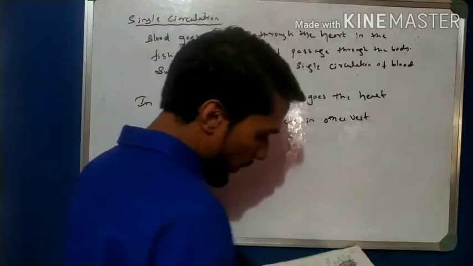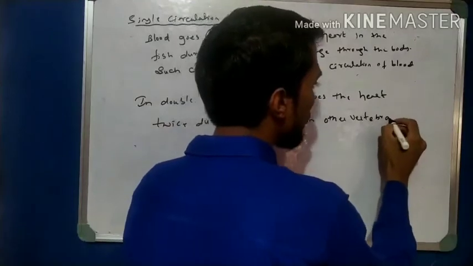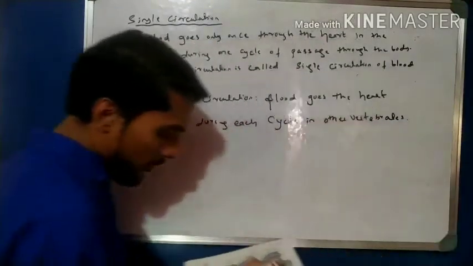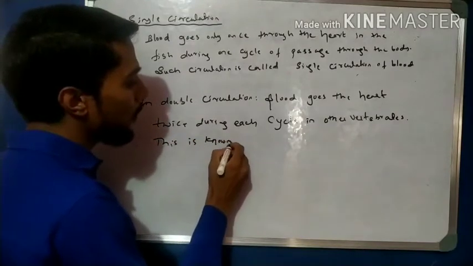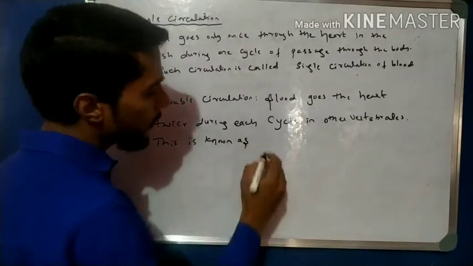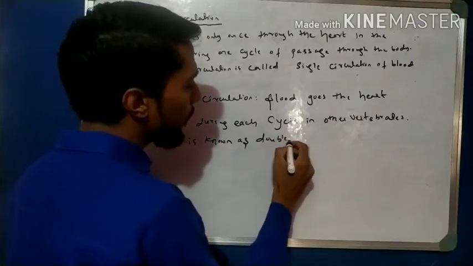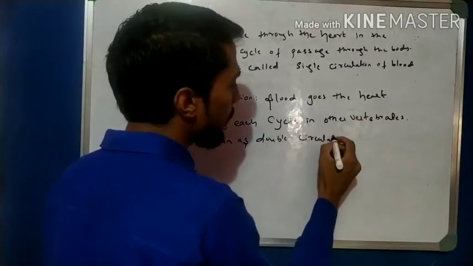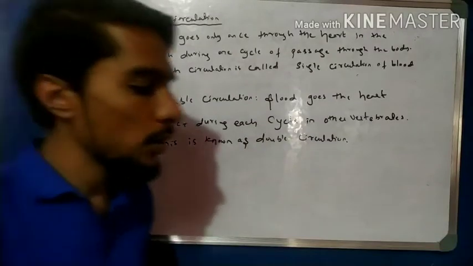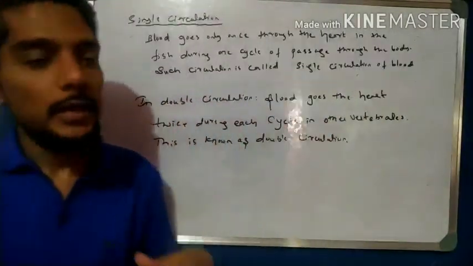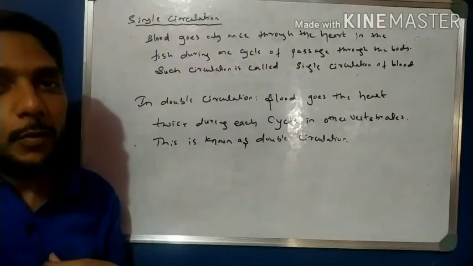Okay, vertebrates. This is known as double circulation.